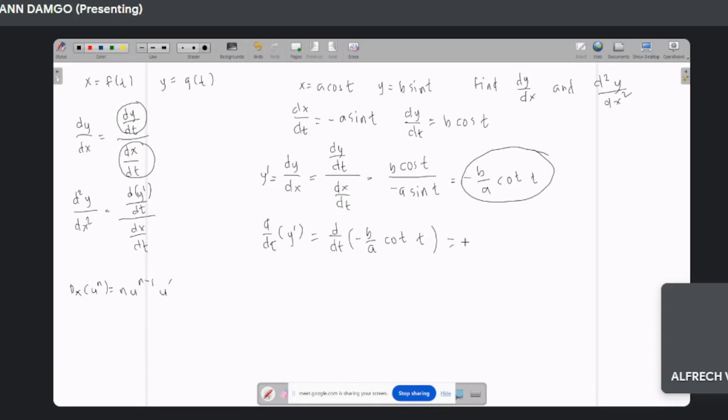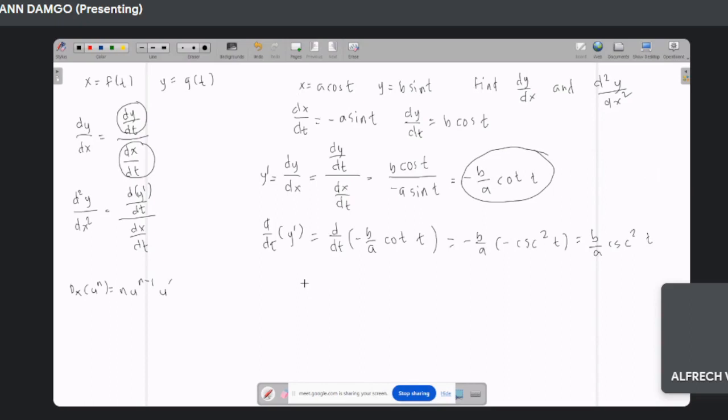So we have negative b over a. The derivative of cotangent t is negative cosecant squared t. So this is b over a cosecant squared t.